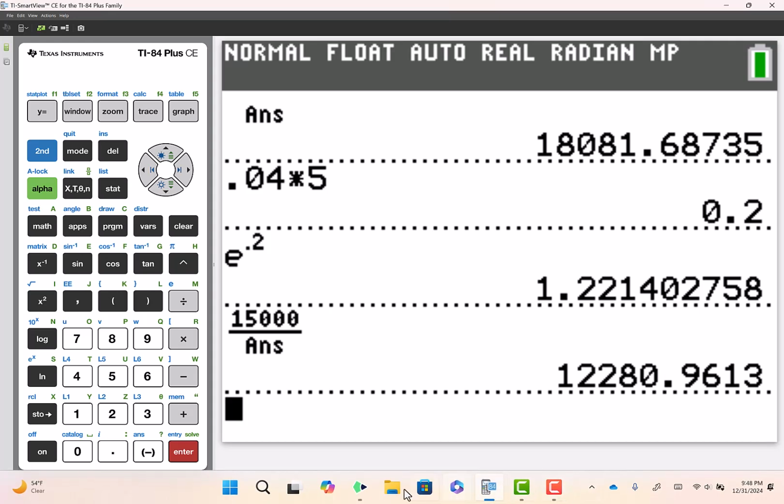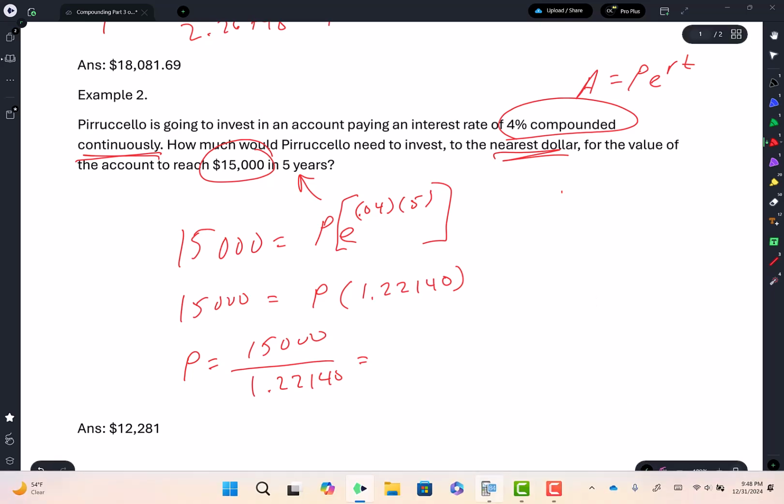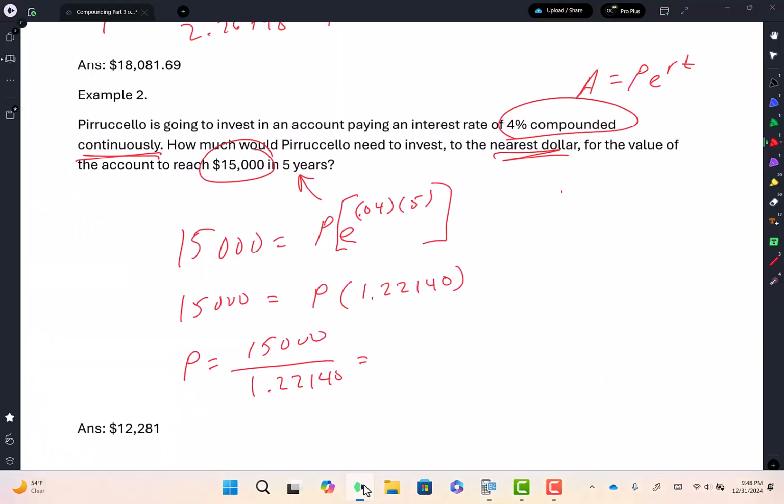I think it did say to the nearest dollar, so 12,281. And yep, sure enough, yay, 2 for 2.